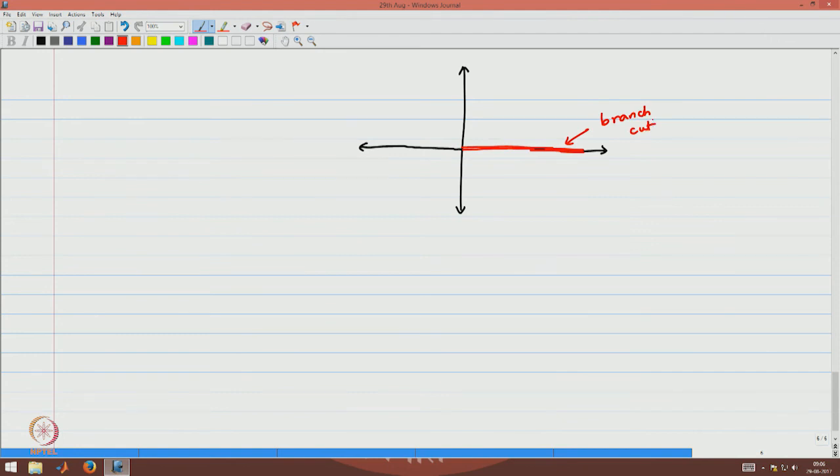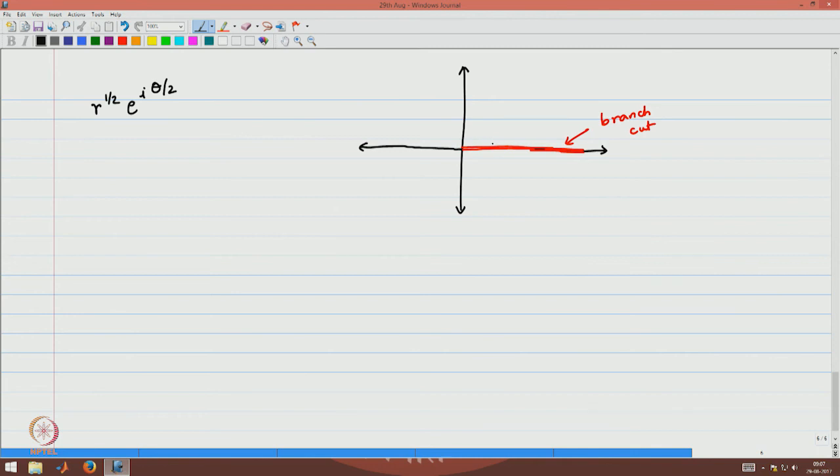What this means is that as you cross this line, your function r to the half e to the i theta by 2 will be continuous all the way up to here, but there will be a jump when you cross this line.